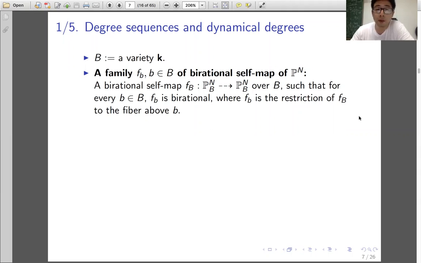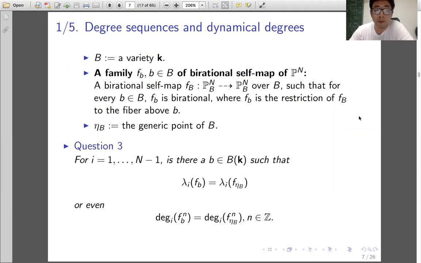So it's just a family of birational self-maps. We denote by eta_B the generic point of B. So we may ask question 3.